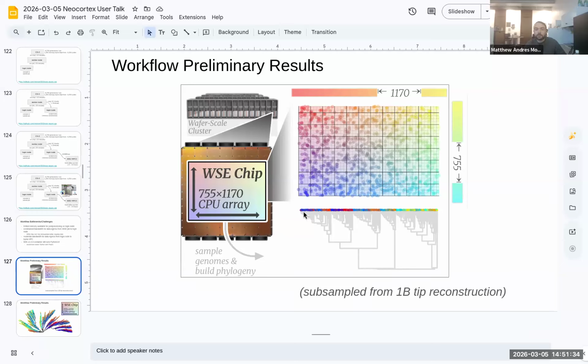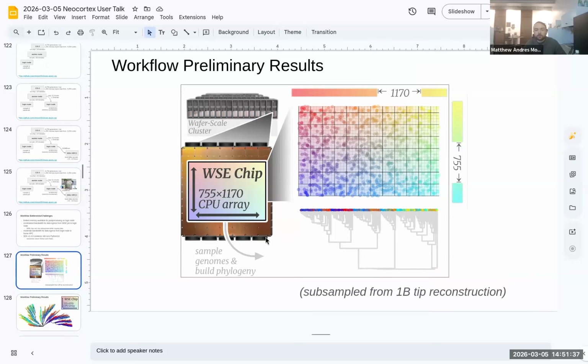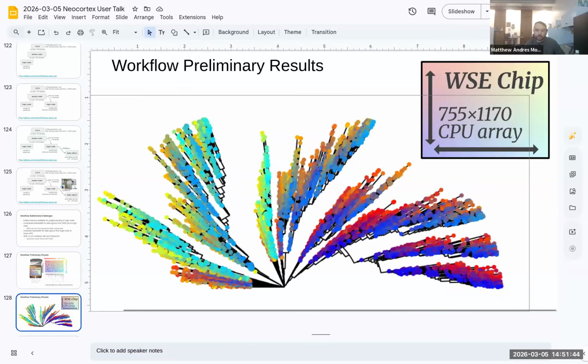And if we look at a little more data, not just the very top of the phylogeny but all the fossil data that we've collected along the way, we can see that spatial contiguity much more clearly. This is preliminary data, and there's still some validation work to be done, but it's promising that we seem to be getting sensible phylogenies coming off the chip.